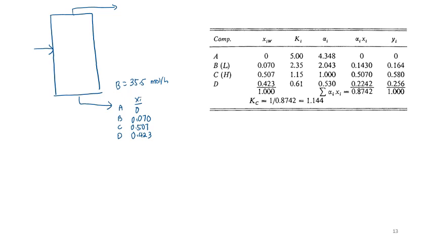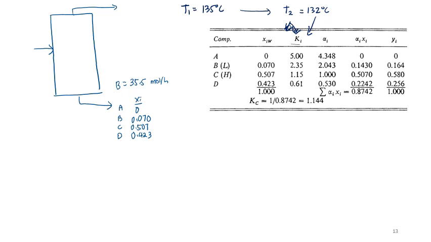At first they tried with the temperature T1 equals 135 degrees Celsius. Then they checked the K values. Then they came up with the second temperature, which is 132 degrees Celsius. And these are the K values that they got using temperature equal to 132 degrees Celsius. Then they repeat the same process again.